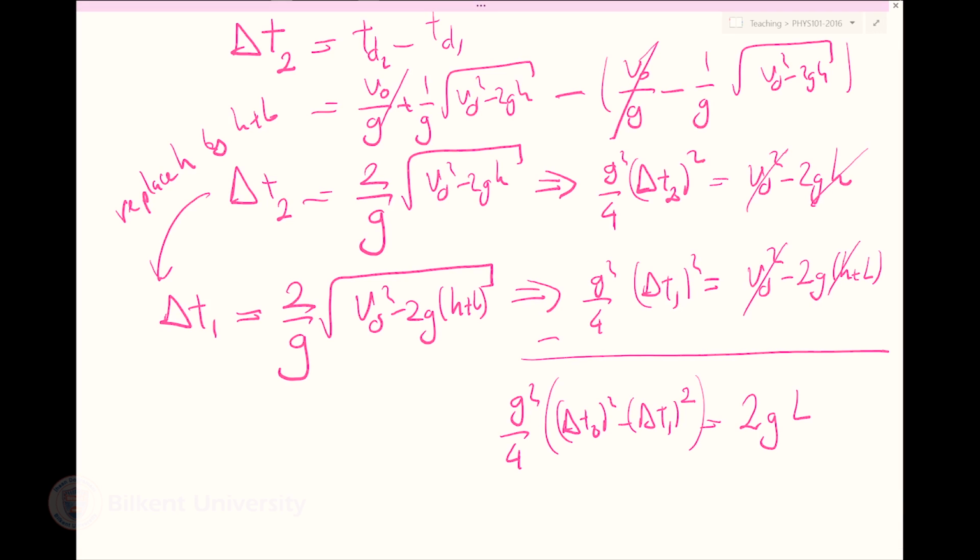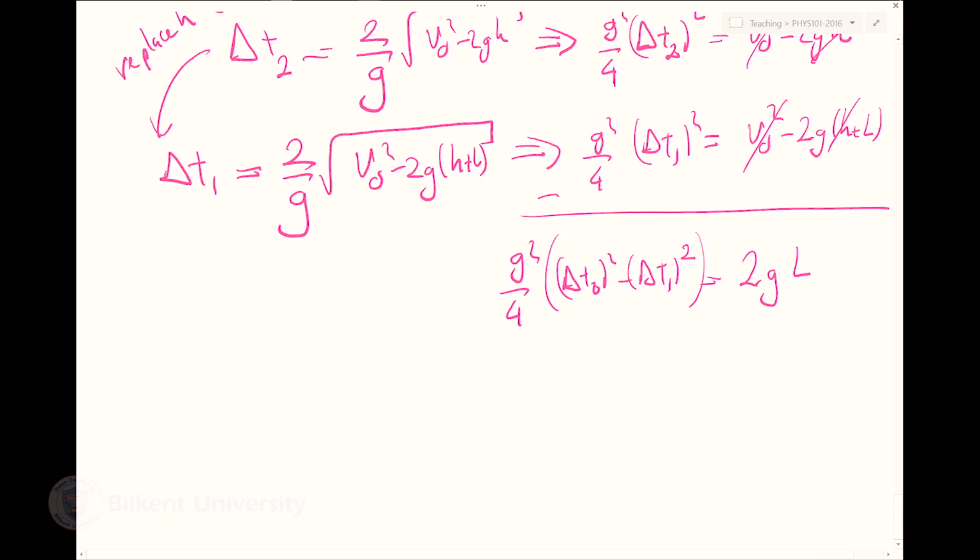So at the end of the day, this is pretty nice. I can cancel one factor of G here. G apparently is 8L divided by delta T2 squared minus delta T1 squared.